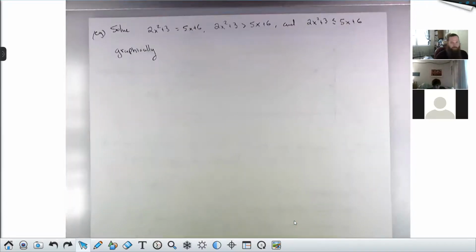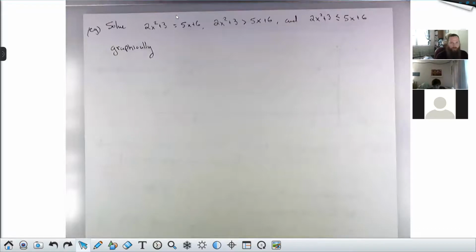Now, I'm hoping that everybody remembers how to graph y equals 5x plus 6. And although it might be a little too optimistic, I would also hope that you remember how to graph 2x squared plus 3. But I'm going to give you both graphs here.